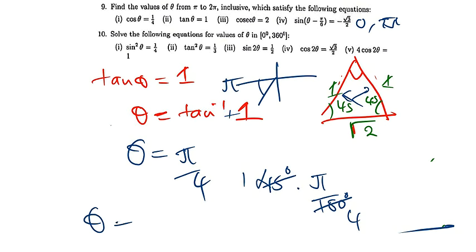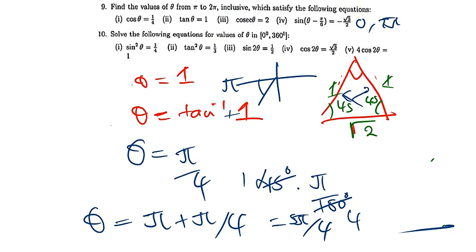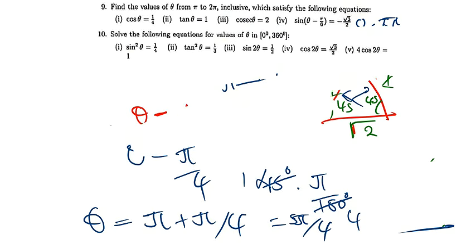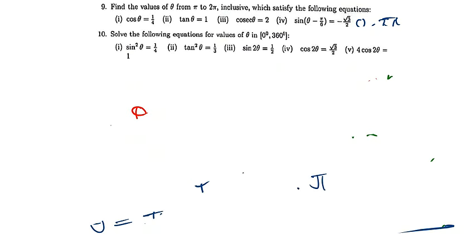So a possible result is therefore pi plus pi over 4, which you can easily add, which will give you 5 pi over 4 after performing basic additions of fractions. So be at liberty of pausing the video and trying out the remaining ones.